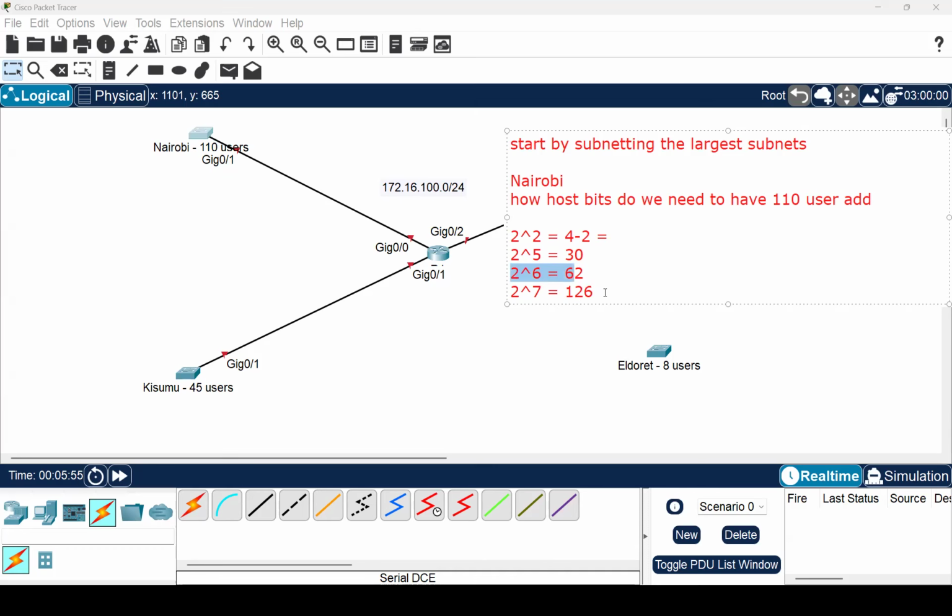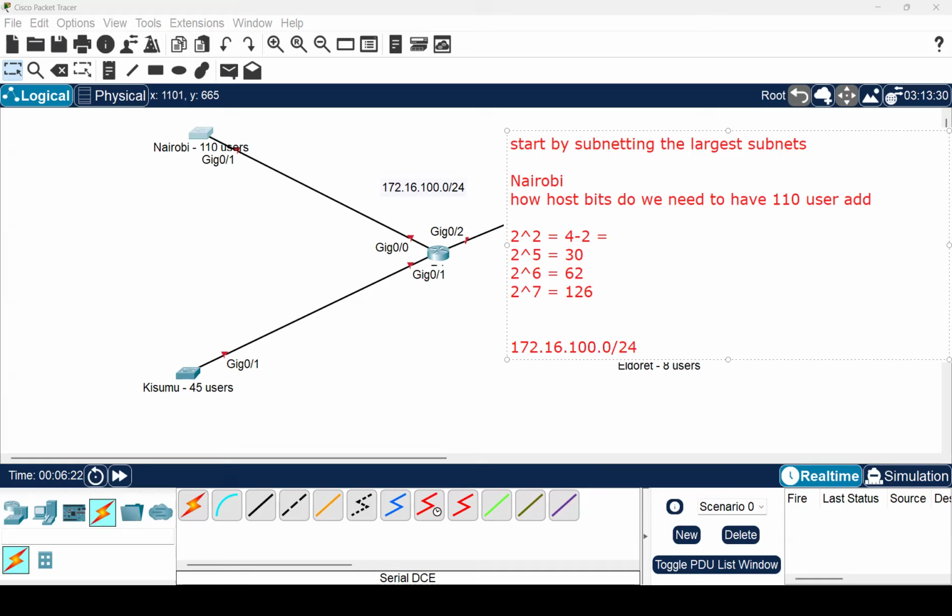So we have to go with this option here, where we are remaining with at least 7 host bits. That means we are borrowing 1 bit and making it a network bit. So what does that mean? It means that we have 172.168.100.0/24.